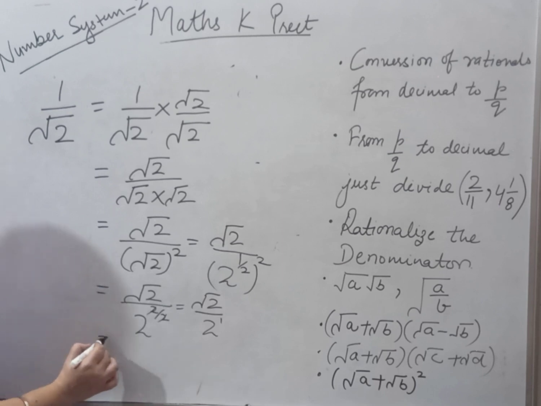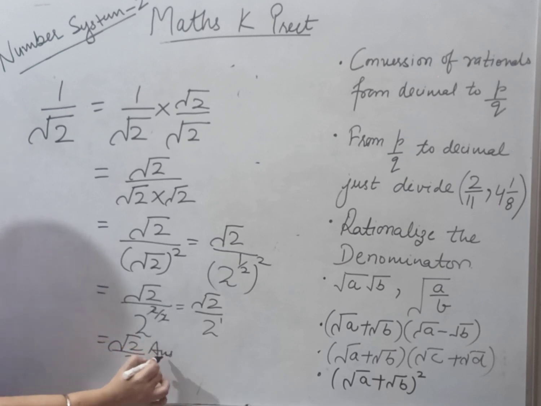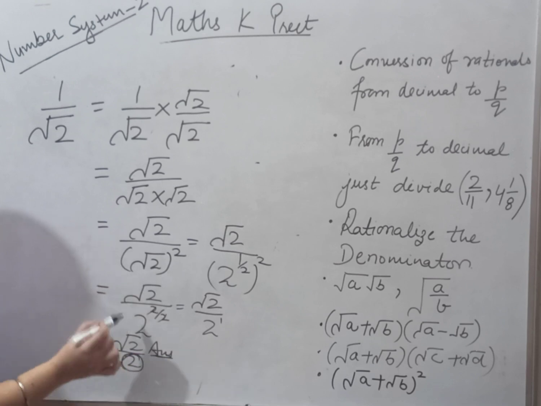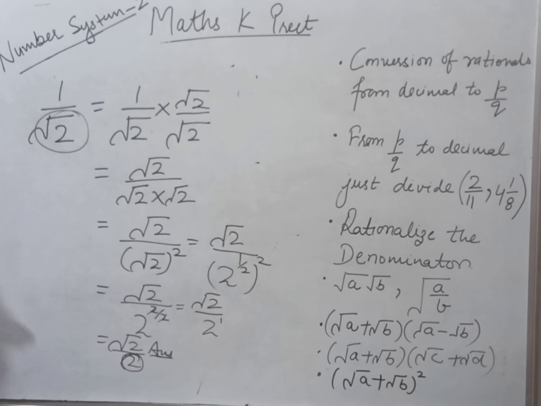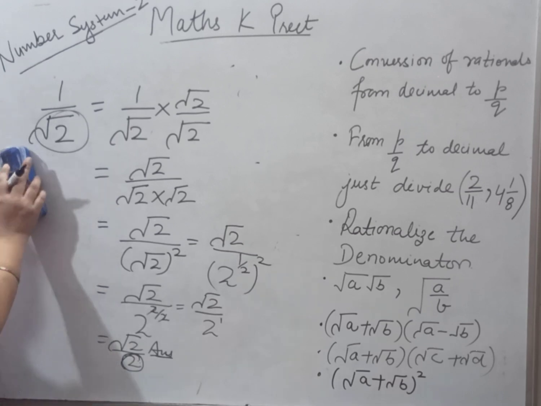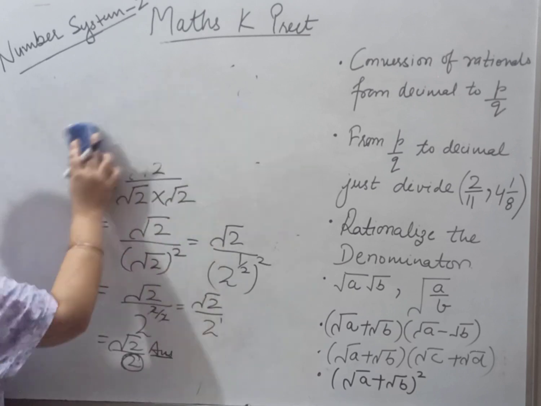So this is the answer, which can be further written as root 2 by 2. Here the denominator was an irrational number, and now the denominator is a rational number. So this is the way we can convert an irrational denominator to a rational denominator. Let's see one more question. This was quite easy.